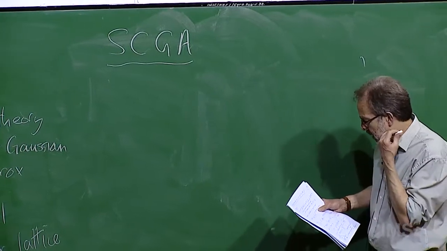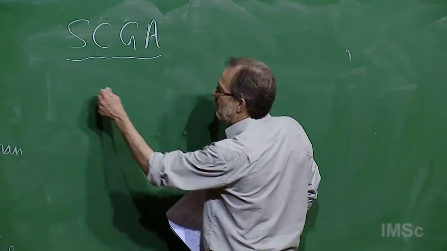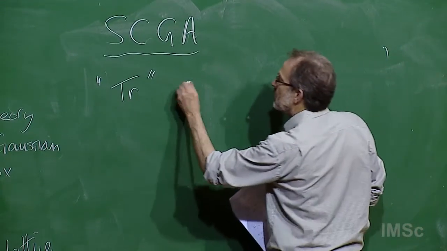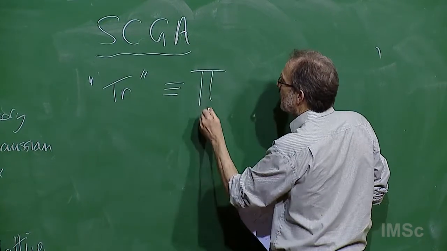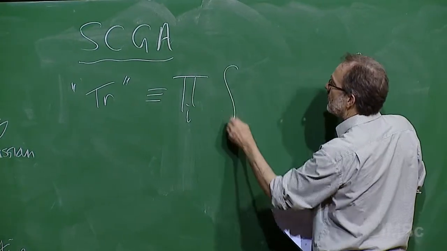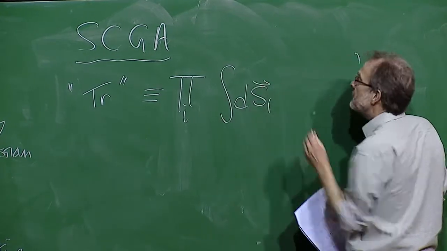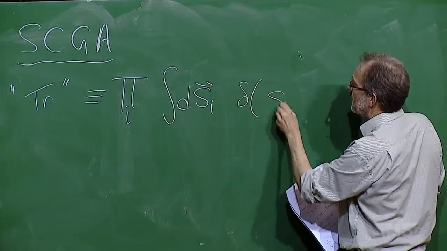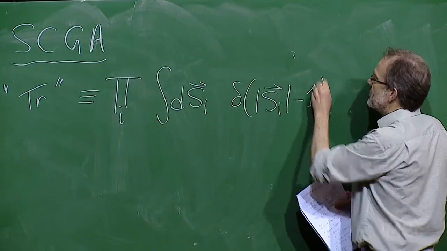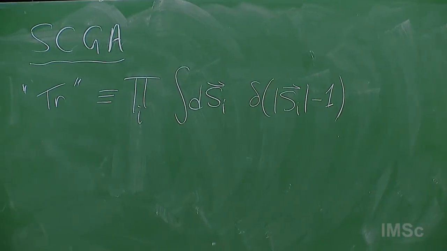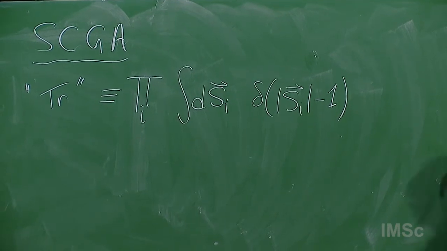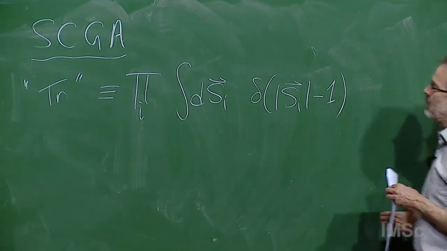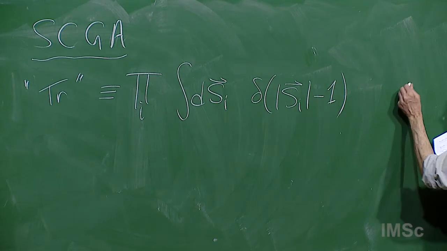To make sure that I'm clear about the general framework, when we talk about a trace in one of these classical spin systems, what we mean is that for every site in the system, we want to integrate over spin orientations, but these are fixed length spins, so we have a delta function which imposes that constraint. The self-consistent Gaussian approximation is just an approximation where we give up on imposing this delta function exactly.